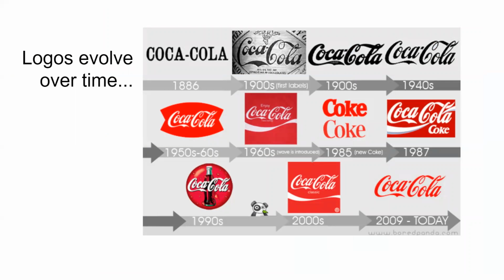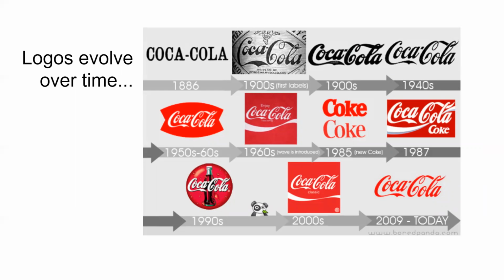Here's an example of logos evolving, starting with Coca-Cola in 1886. To me, that pretty much looks like what I originally described, as if somebody just wrote Coca-Cola on top of whatever that drink is, whether it be a little glass bottle, or honestly, I don't know what they had in 1886.